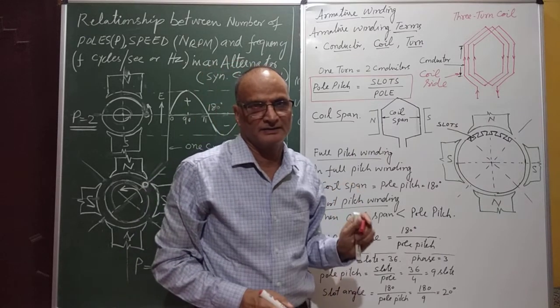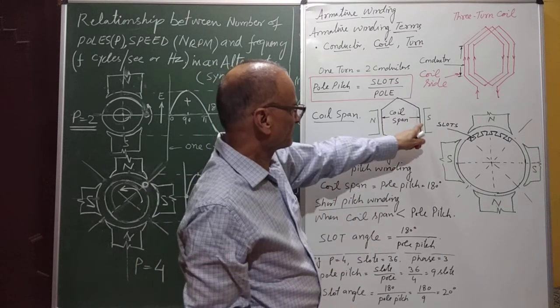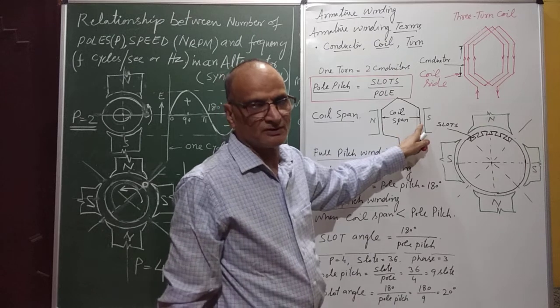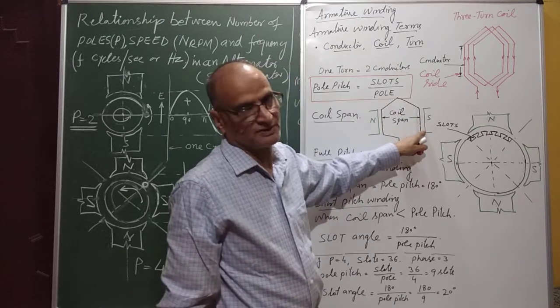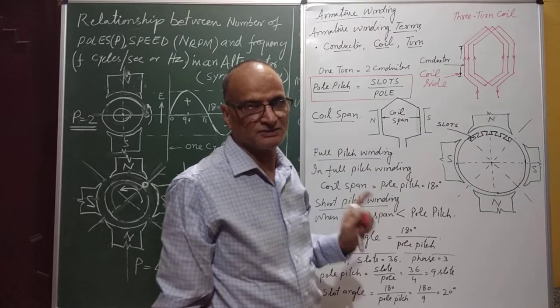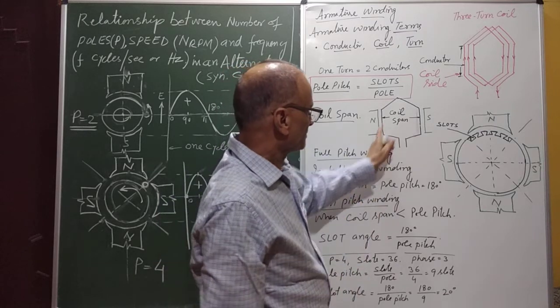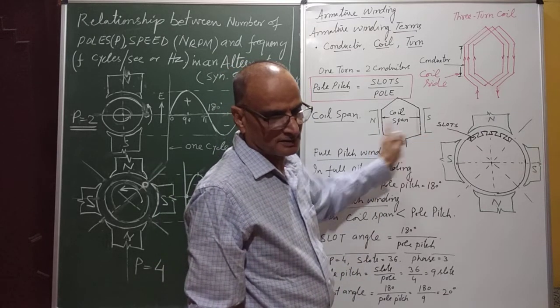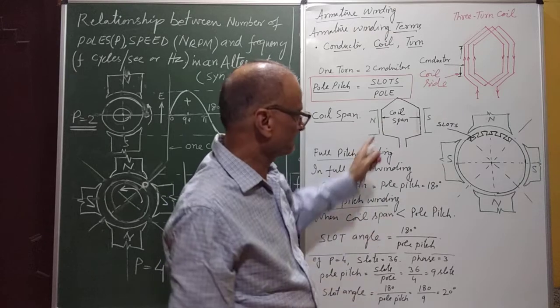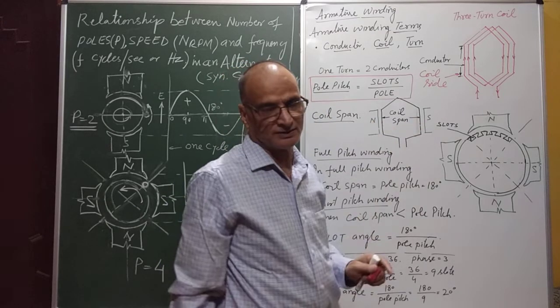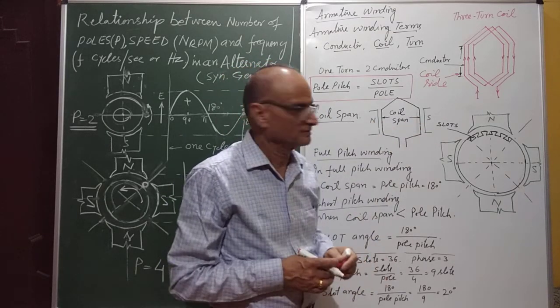And in winding, it is necessary that one coil side must be under north pole and the other must be under south pole. This is the condition of winding. Both coil sides or both conductors of a coil cannot be placed under one pole, otherwise EMF will be 0.